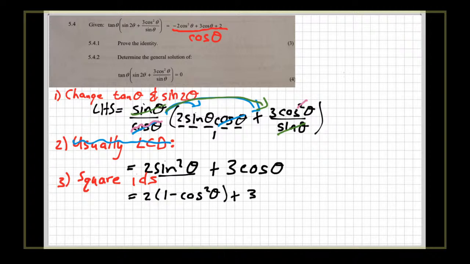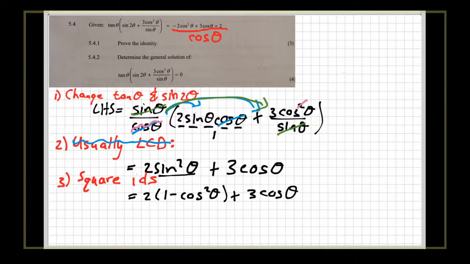Please do not just change it all willy-nilly. Do not just change it because you feel like it. Change it because you are going towards something. Remember that the monkey that you want to find, in this case, only has cos thetas in it. So I don't want sin squared in there.